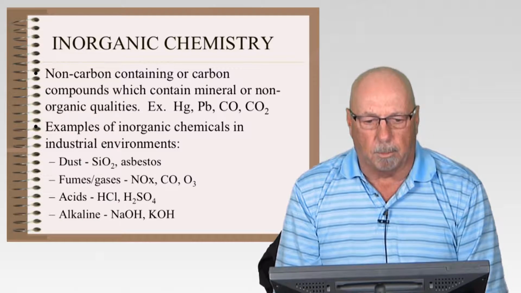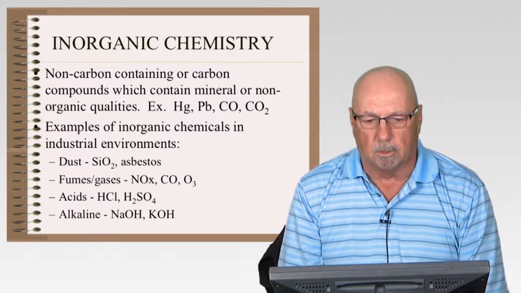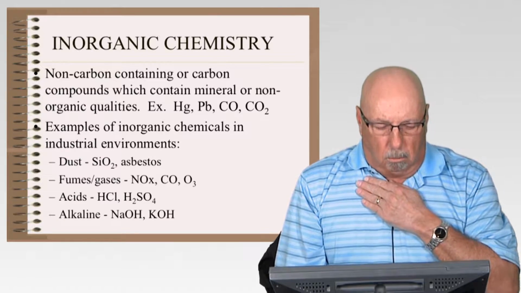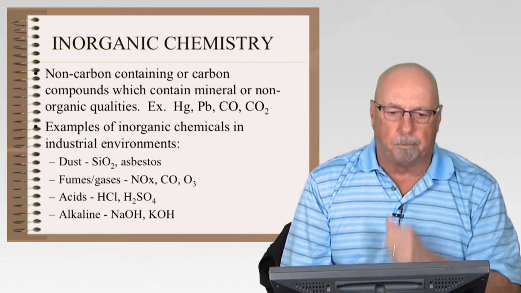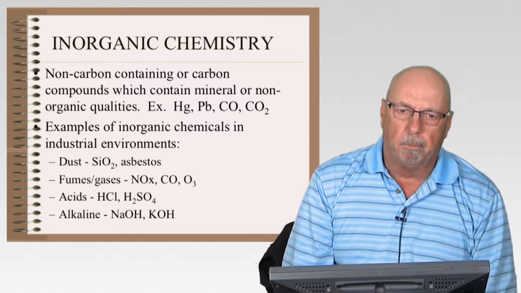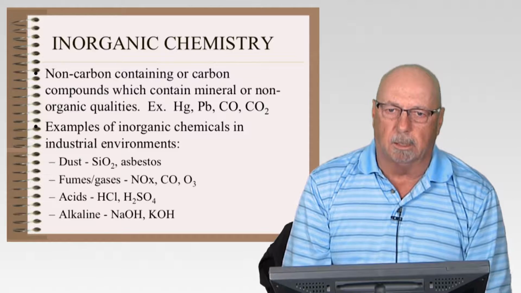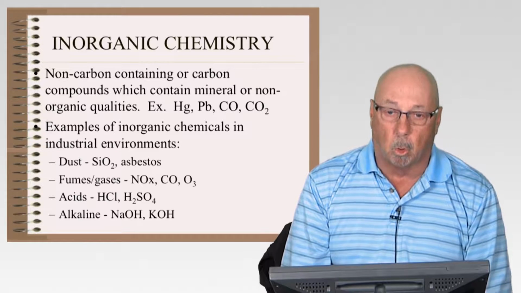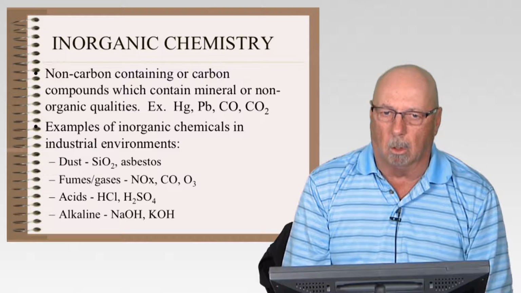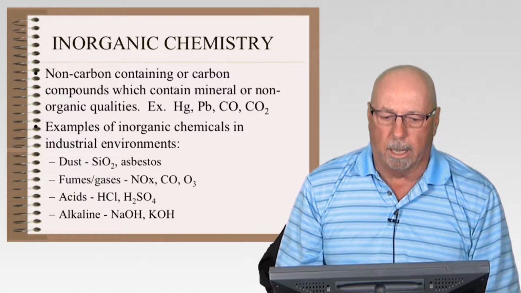So let's start by taking a look at some of the fundamentals of inorganic chemistry. Basically, inorganic chemistry can simply be defined as non-carbon containing compounds, or carbon compounds which contain some mineral or some other non-organic quality.